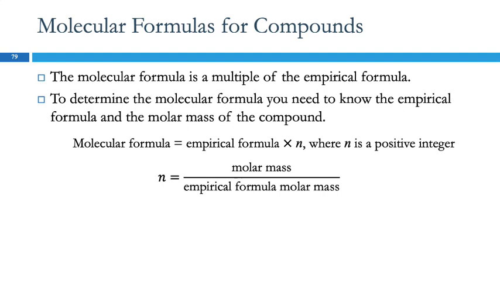So what we want to find out is how many times bigger is the actual molecular formula. So we're going to take the molar mass and divide by the mass of the empirical formula. That's going to give us a whole number. And that's going to tell us what to multiply the subscripts of the empirical formula by.